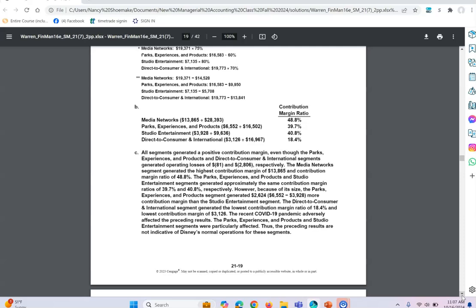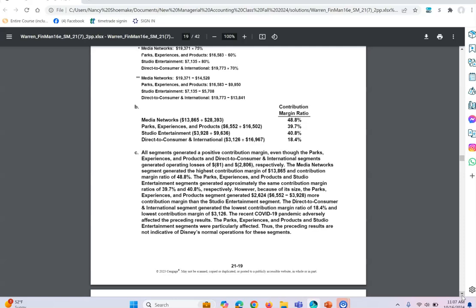All of these are supporting a positive contribution margin, even though there are some losses. The media networks had the highest contribution margin of 48.8%. Because of the size of the parks experience, even though the contribution margin wasn't as high, just their pure volume really helped to pay for fixed expenses.